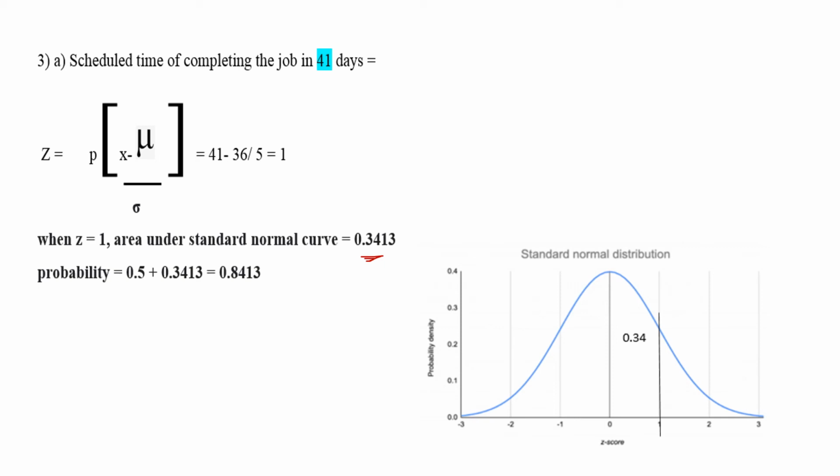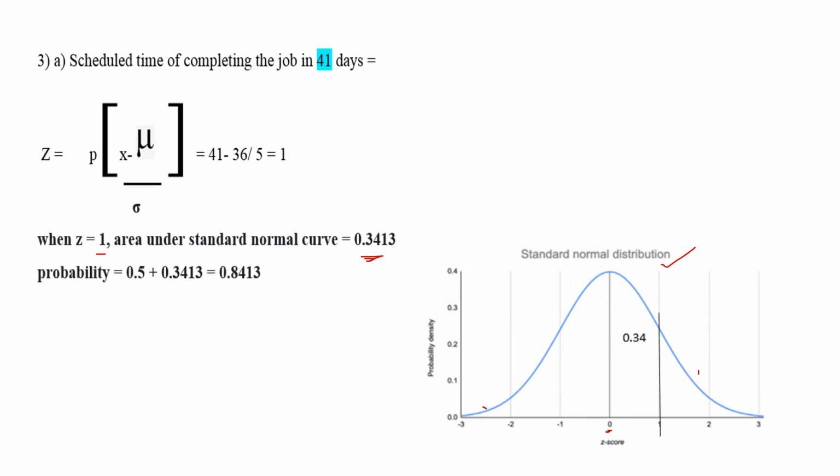Okay, so just this is the standard normal distribution curve. This is the curve, this blue, this is the curve. Okay, and here this is 0, and our z value is 1, right? And the probability we got from the standard table is 0.3413 for the value 1.